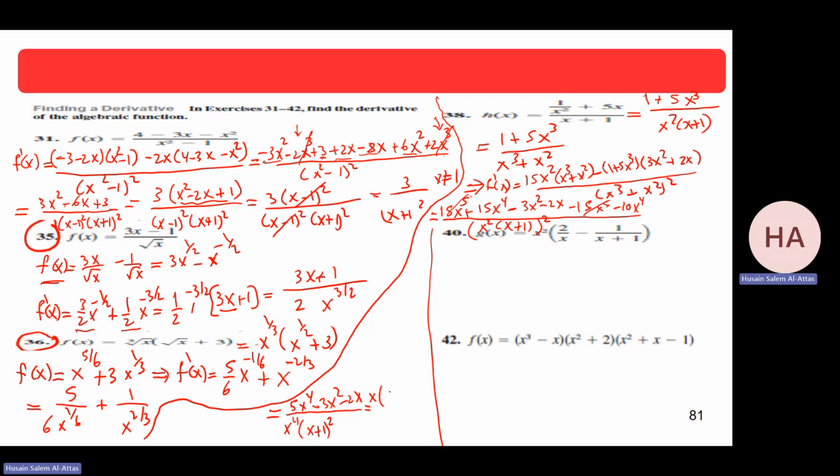So I have 5x cubed minus 3x minus 2 over this. So I cancel x with this. I have x cubed here. So the answer is, yeah.